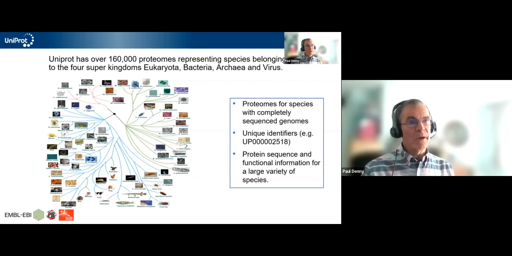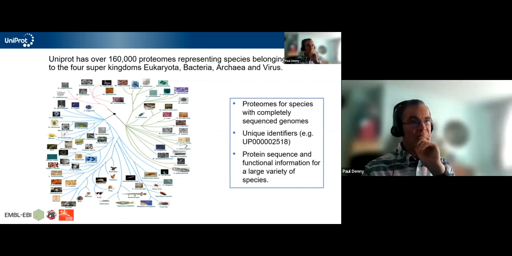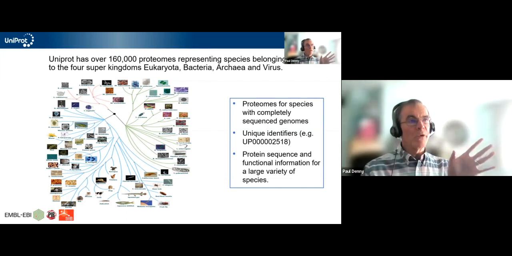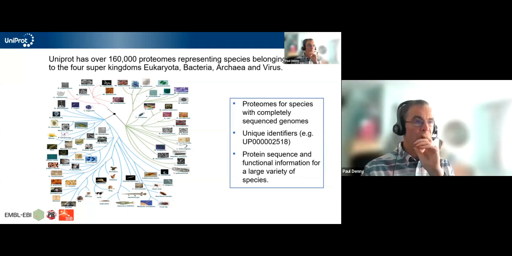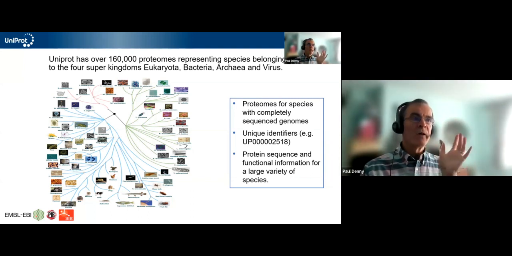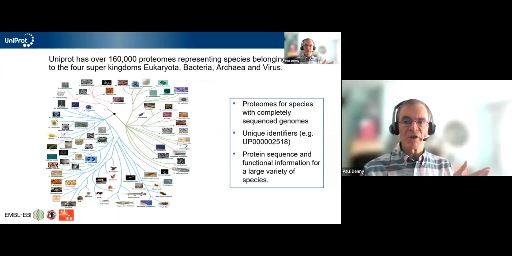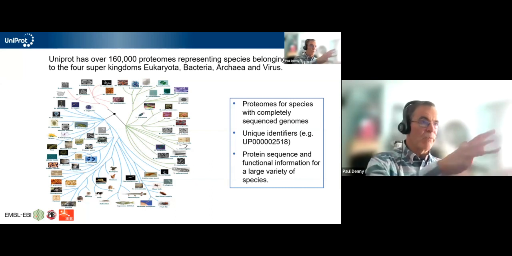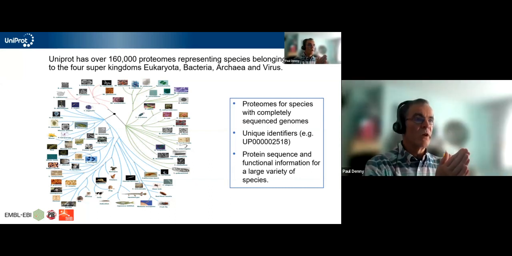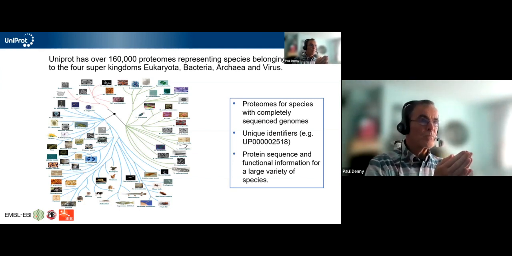One of the things about these sets of proteins, although they represent all the proteins known from a sequenced genome, they aren't necessarily all manually reviewed entries. There'll be a mixture of reviewed and unreviewed entries, and for some organisms, there's very little reviewed data. It varies enormously from one organism to another.